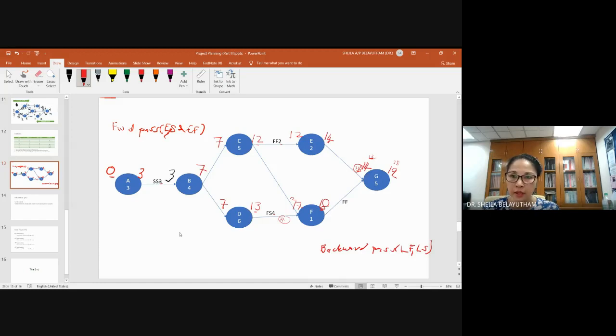So finish to finish, you will have 18 here. Minus 5 days, G will start 13 from this relationship. From this FF relationship, G will start 13. But from the E relationship, G will start 14. So you will compare 13 and 14 because you need to compare the same item.